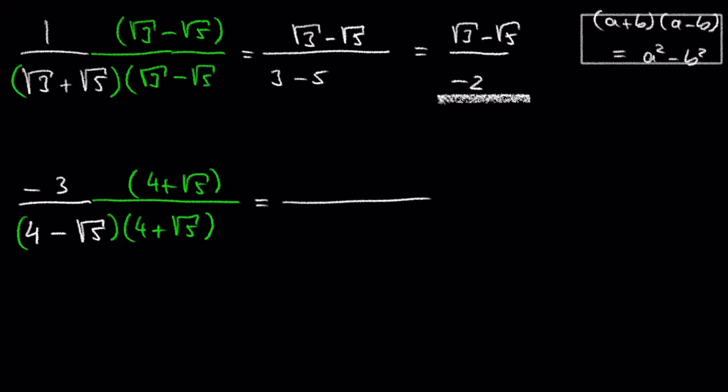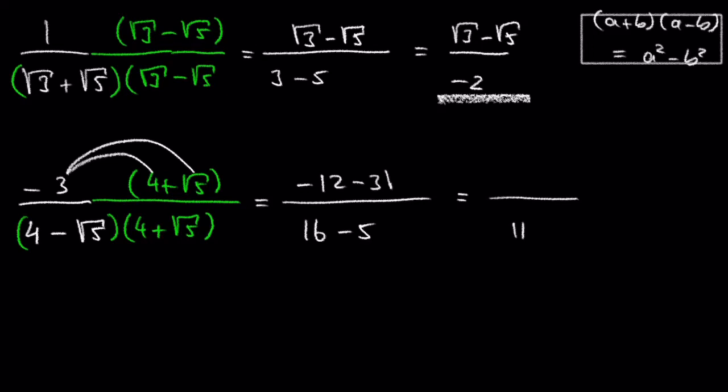So we get in the denominator 16 minus 5, which is 11. And in the numerator we get negative 3 times 4, which is negative 12. Minus 3 times the square root of 5.